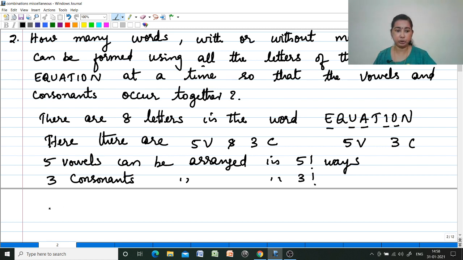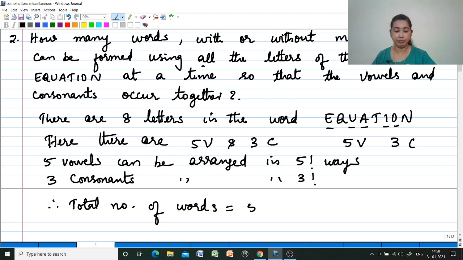So the total number of words is equal to 5 factorial into 3 factorial, and then one more 2 factorial is needed. Why is it so? Because the vowels are together and the consonants are together.